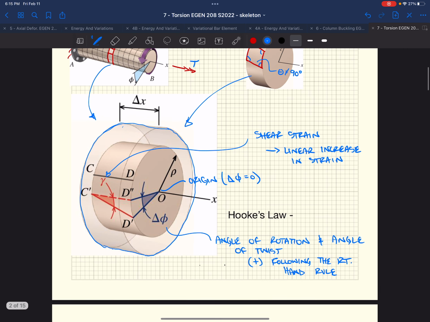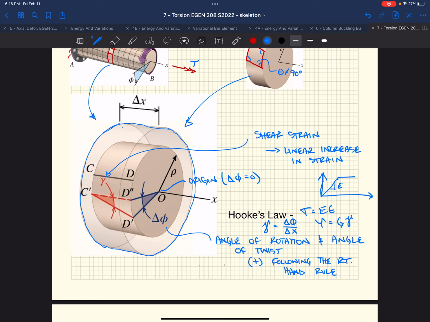And like we've done in the past, we need to come up with some way of relating stress to strain. We would do the same thing with Hooke's law, where we have stress equals E epsilon, not E sigma, E epsilon. And our shear strain equals the change in angle of rotation over the change in distance, delta X. And we know that our shear stress equals the shear modulus times the shear strain.